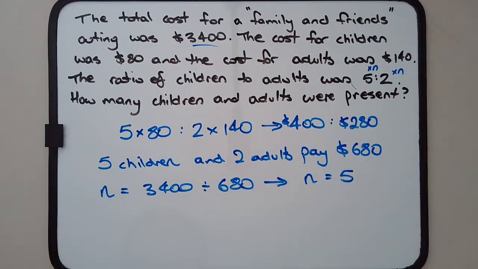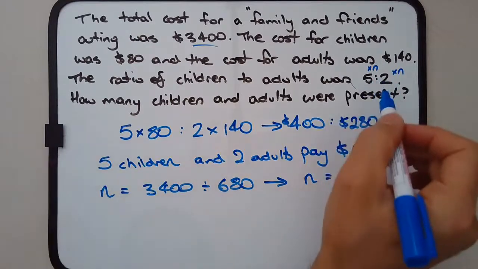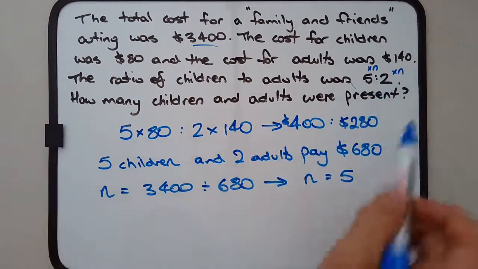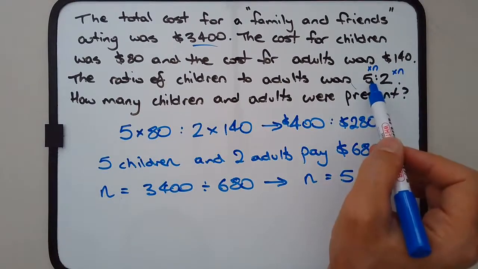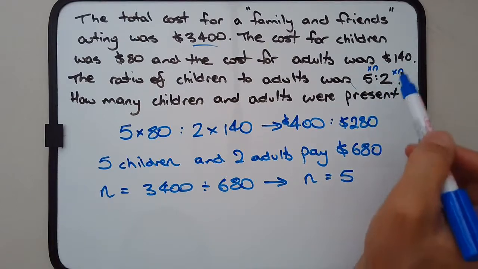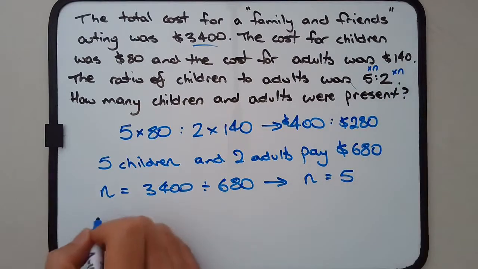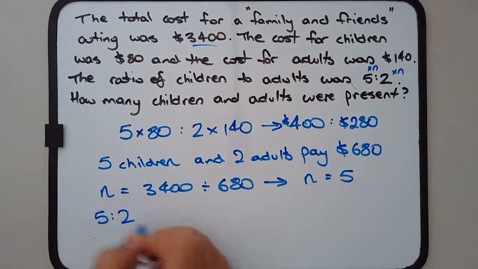That means that the actual ratio of children to adults, unsimplified, this is a simplified ratio, the original ratio is going to be a multiple of 5 to 2. n is 5. 5 times 5 is 25. 5 times 2 is 10. So we're now going to express 5 to 2 as an equivalent ratio whose terms are 5 times greater than the original ratio.